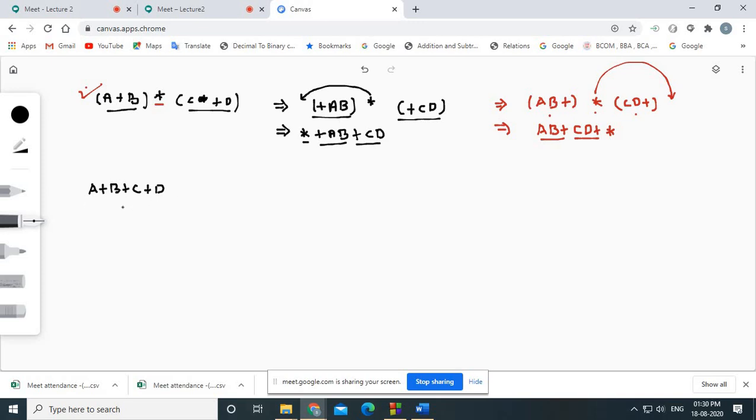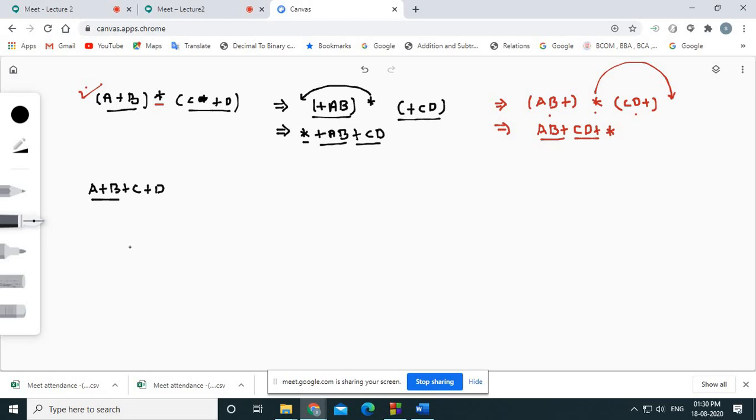Here only one operator is used, the plus, and plus and plus have the same precedence. When the same operators are given, you just have to evaluate the expression from left to right.